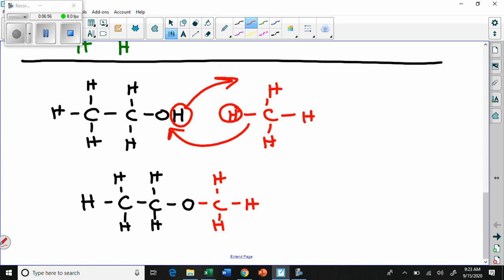So it looks like it used to be a hydroxyl group whose H popped off and something else was able to join. And so when we have this linkage here, this is called an ether, or an ether group. And it's a very common way of joining little molecules together to make bigger ones, and we'll see it all over the place.